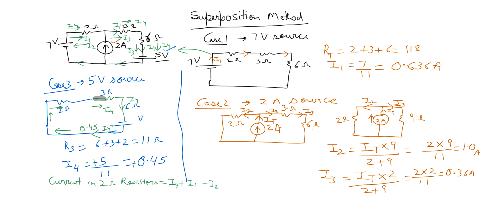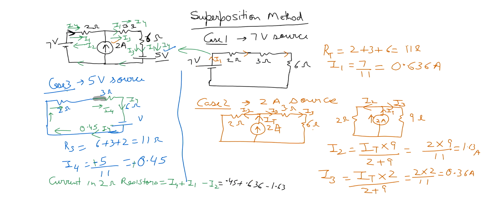Since I have taken the direction of I4, I1, the actual current that flows in the 2 ohm resistor, shown by the black mark here, I'm taking in the direction of I4 and I1. So enter the values: I4 was 0.45 plus I1, that is 0.636, minus I2, that is 1.63.